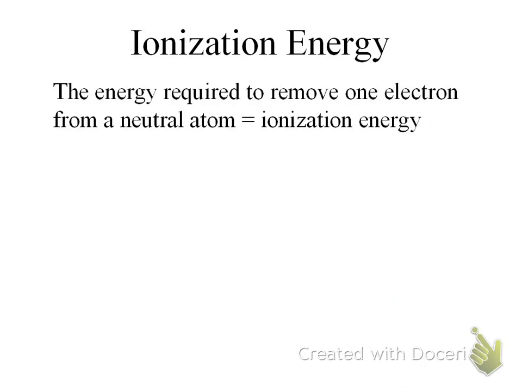It turns out that these energies trend on the periodic table. So write this equation down, but what energy is required to add to an element to make a cation and an electron? Okay? To remove an electron.